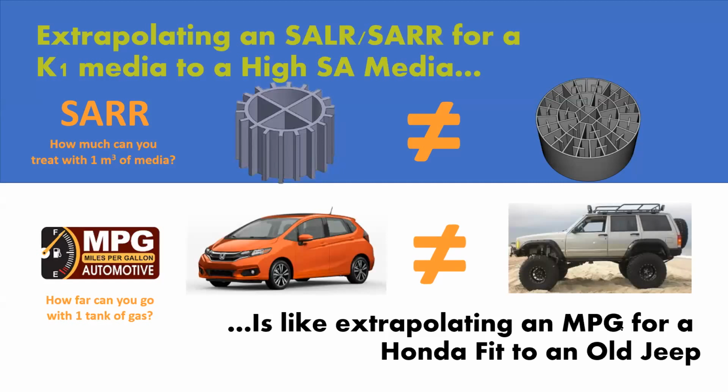Just like I couldn't say, hey, I can get 50 miles to the gallon in my Honda Fit, therefore in your old Jeep, you should be able to get 50 miles to the gallon. It doesn't work that way, right? They're completely different vehicles. And similarly, with biofilm carriers, I can't look at a study that tells me how much treatment I can get with 1 cubic meter of media and extrapolate that to the same amount of treatment with 1 cubic meter of media of a high surface area.